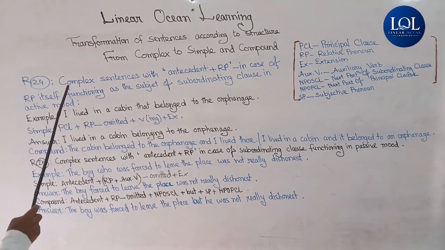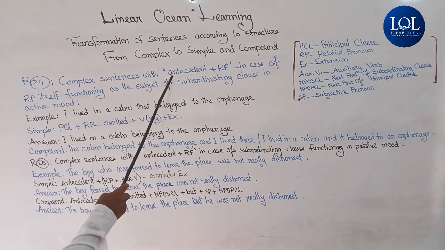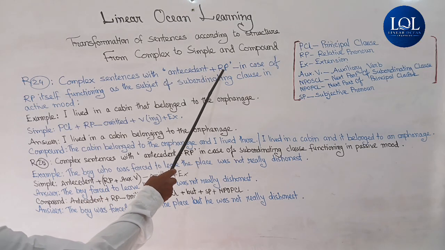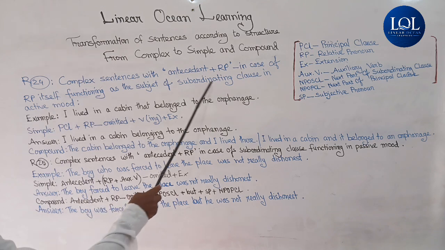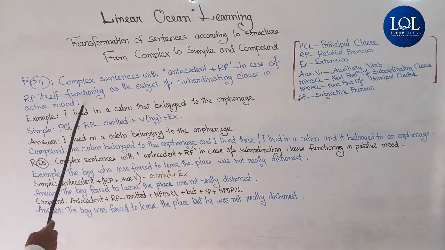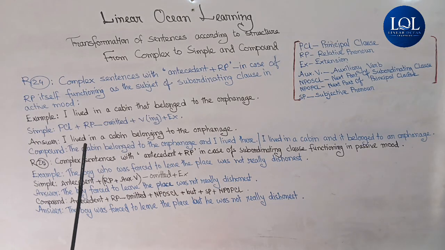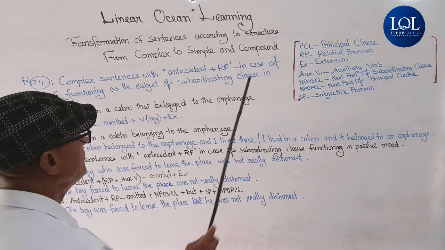Rule 24. Complex sentences with antecedent plus RP in case of RP itself functioning as the subject of subordinating clause in active mode. Viewers, in my lesson, I have used some abbreviations in my structures and I need to clarify them.